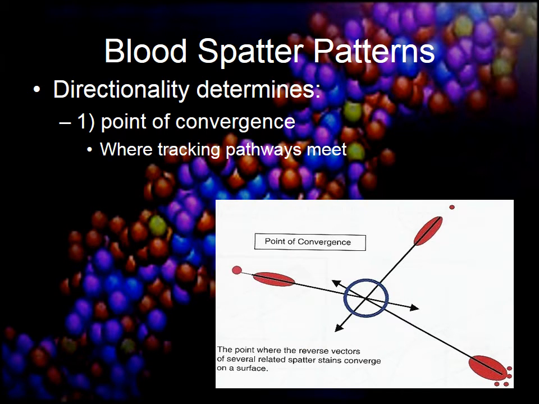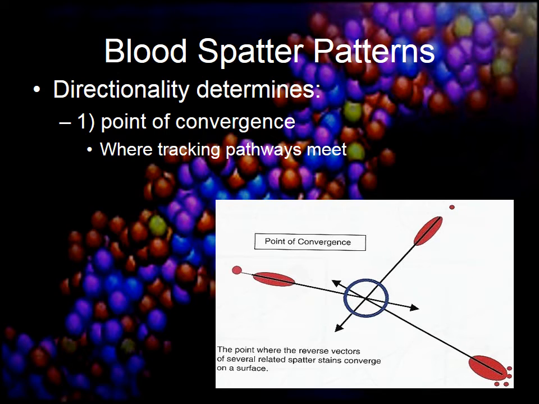When you have several paths, you can determine what we call a point of convergence, where tracking and pathway meet. And this is on a two-dimensional plane. So it doesn't give you height, but it gives you, for example, if someone's head was being struck in the center where the blue circle is here on this picture, you can see from the different stains that happened from the head being repeatedly struck where the individual's head may have been in relation to the floor.